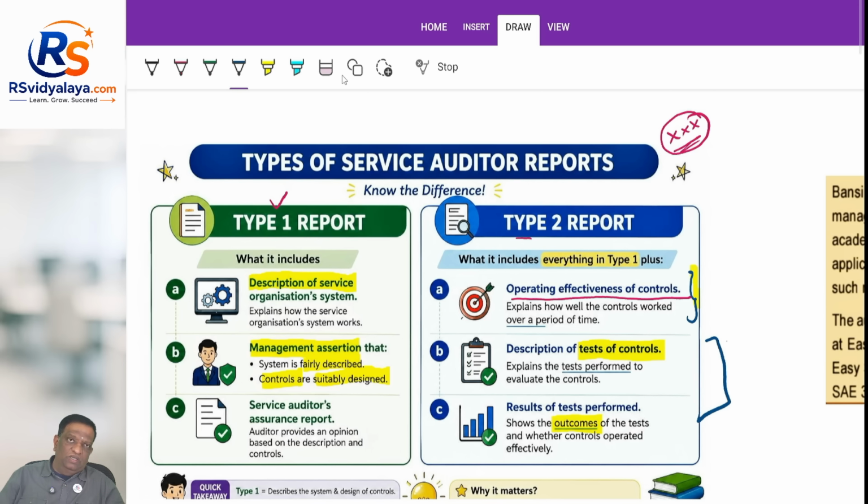Its financial statements are audited by an independent auditor, and before the start of this academic session, the board of the institution had outsourced, mind you here, its entire process of inviting student applications, submission of applications, and the collection of application fees, including the late fees and all that matters to another company which is called Easy Solutions. Your client is Bansi Group and it has been outsourced to this one.